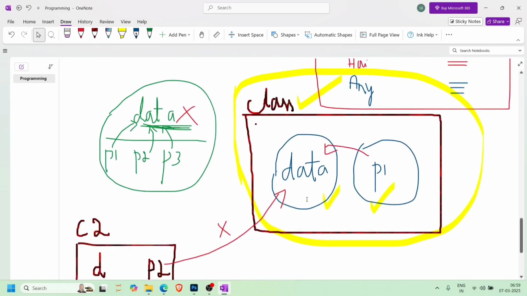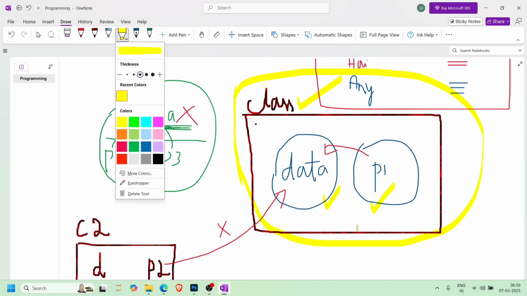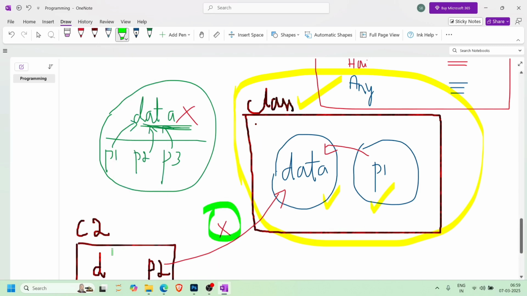Observe here, let us say we have two classes: first one is class A and second one is class B. Whatever is carried out in class 1 will be hidden from class 2.